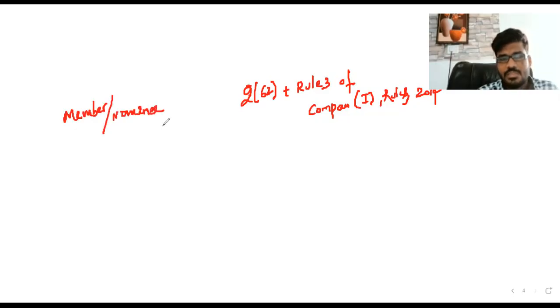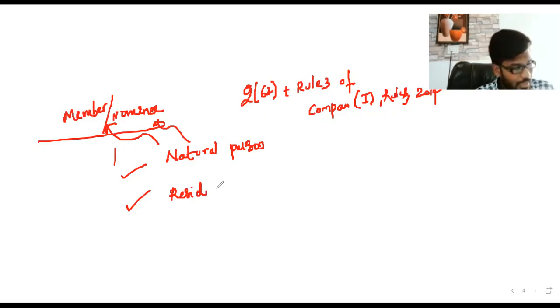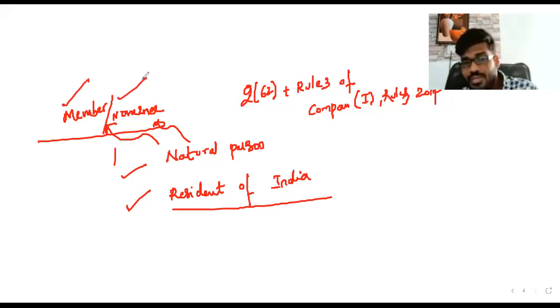What are we discussing, sir? A natural person only can become a member, can become a nominee. After that, a resident of India can become a member, can become a nominee, like that we have discussed.